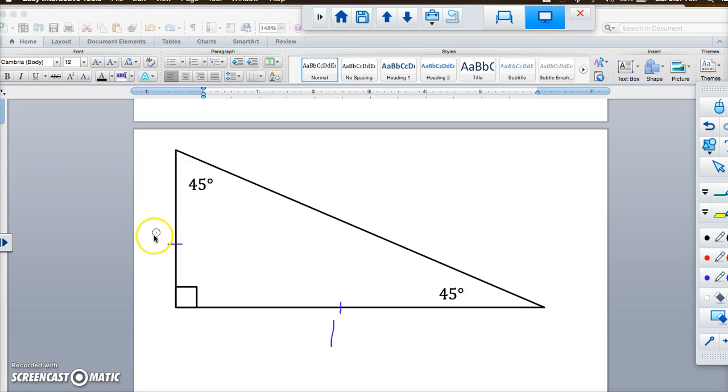So if we say this one is 1 and that one is 1, then by the Pythagorean theorem, we have 1 squared plus 1 squared equals c squared. So that's 1 plus 1 is 2 equals c squared. And to take the square root of both sides, then the hypotenuse is going to be equal to the square root of 2.